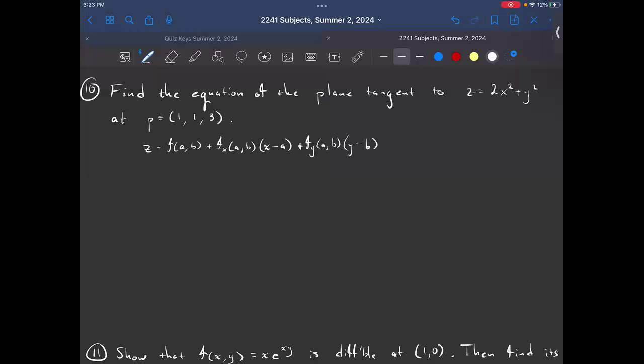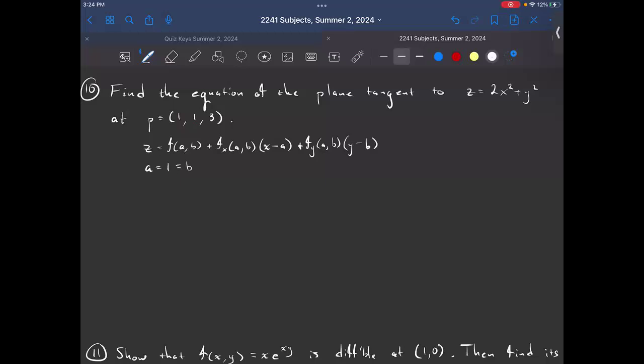Okay, and so we need to identify a few things here. First off, we know what f is. That's this function over here. And what are a and b? A and b come from the point P, so they're the x and y coordinates there. So a equals 1, and so does b.